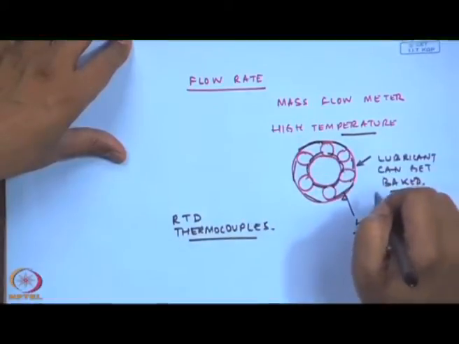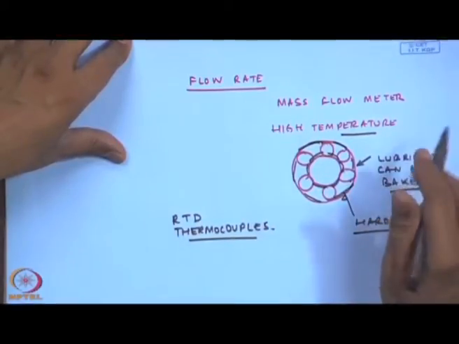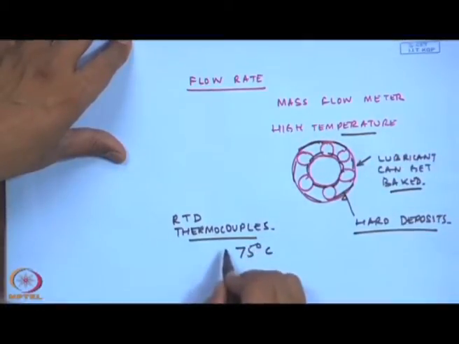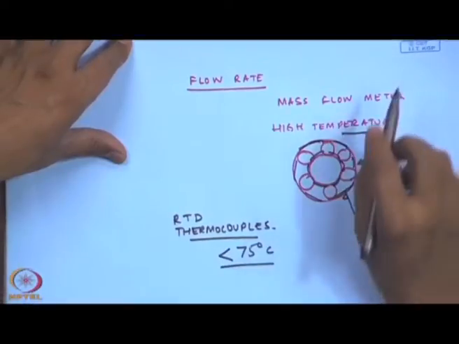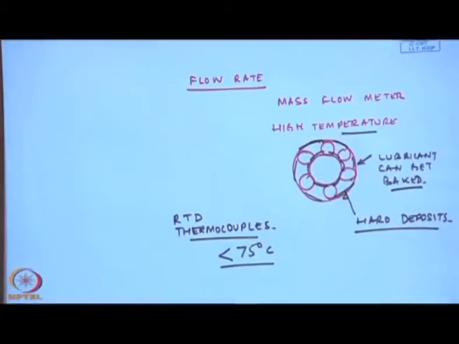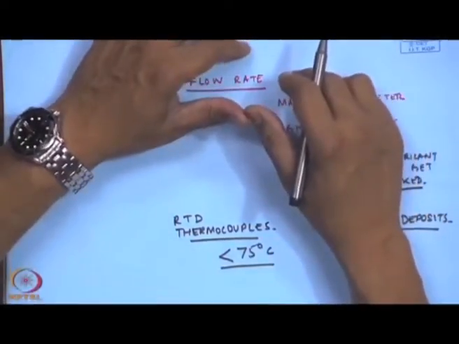The temperature of the bearing should be less than 75 degrees Celsius, and that is the recommended principle in the industry. That has to be maintained. To maintain such a temperature, it of course has to be monitored always, and RTDs and thermocouples are installed around the bearings of the fans, compressors, and the blowers.